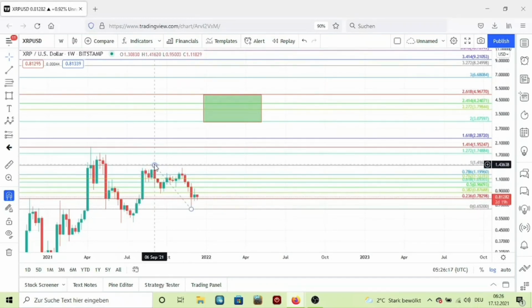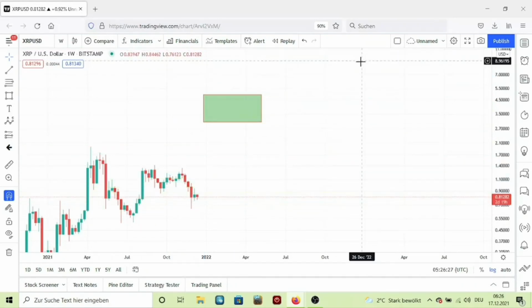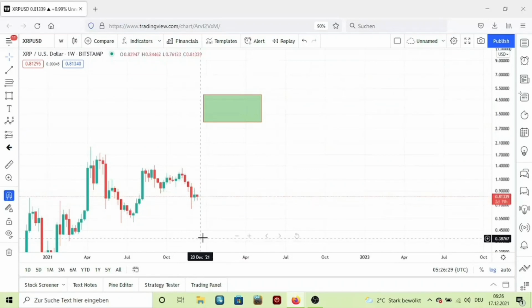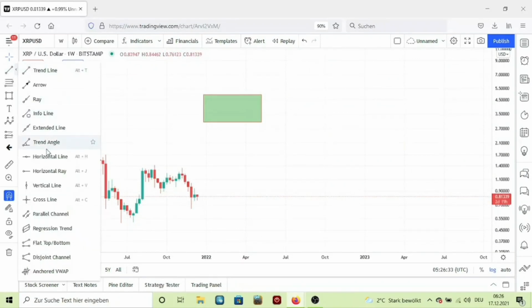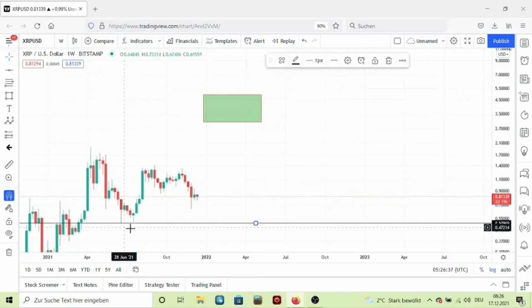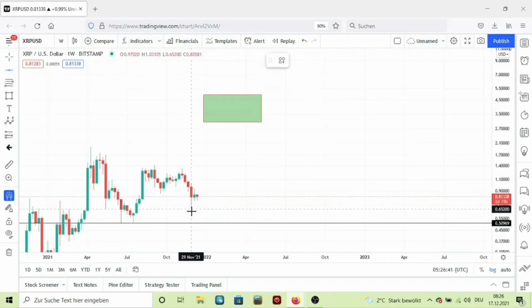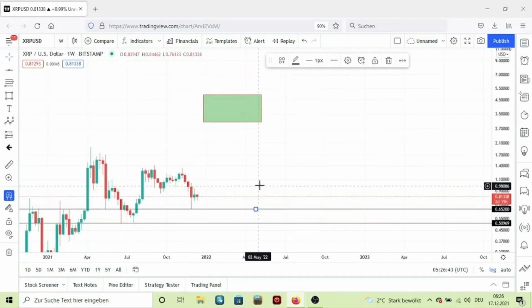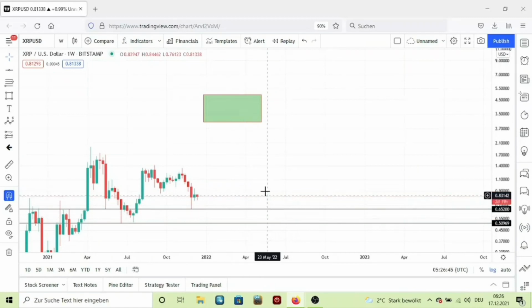And as we have seen, this A, B, C can very much be in here. So yes, we can still see another drop, but we don't have to see that at all. Like I said for quite a while now, the bottom can really be in here. We don't necessarily have to go for this box.